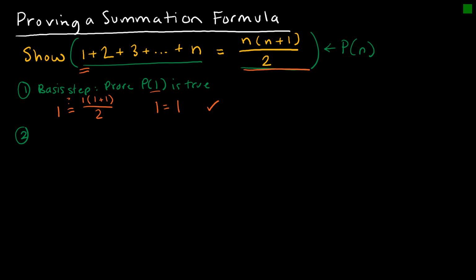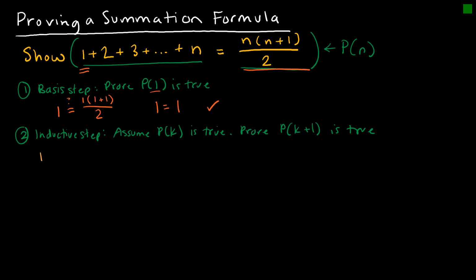That brings us then to our inductive step. In our inductive step, we are to assume P of k is true. And then I have to prove that because P of k is true, then P of k plus 1 is true. So how do I do that?